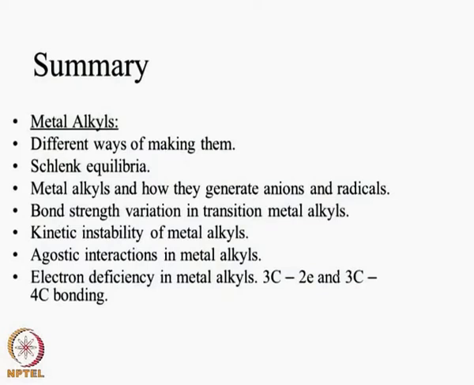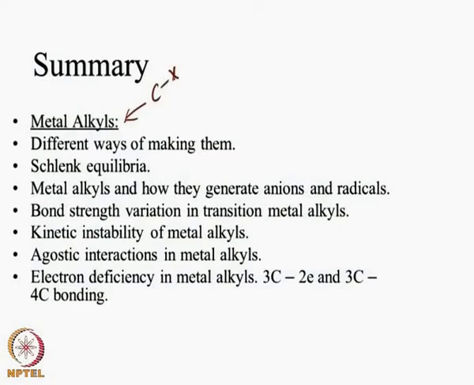So, what we have seen in this lecture today is that metal alkyls are in fact quite strong, and you can make them fairly readily directly from an active CH bond containing organic compound, or you can use a CX bond to generate the metal alkyl species.